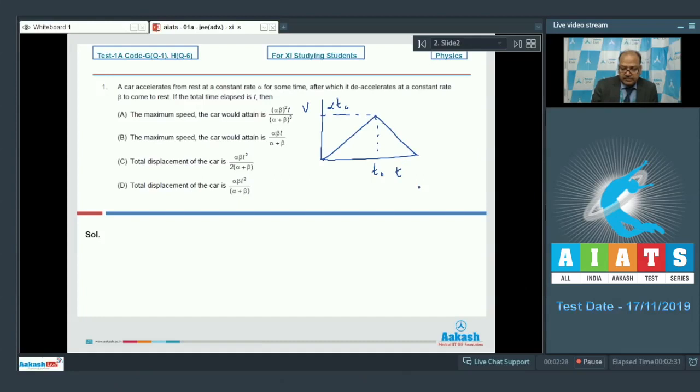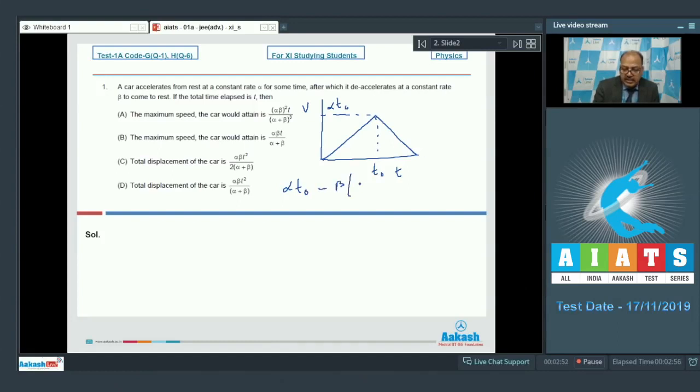And t is the total time. Then we have alpha t naught. At this point velocity is alpha t naught, and here it is again at rest, and deceleration is beta. So we have the equation alpha t naught minus beta.